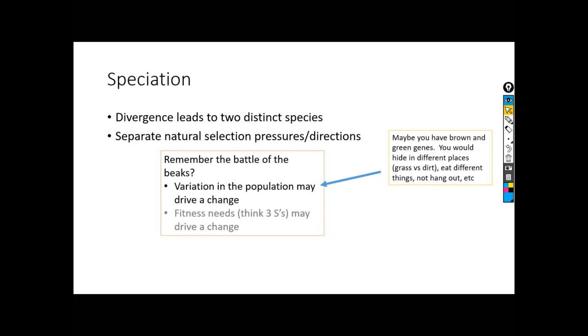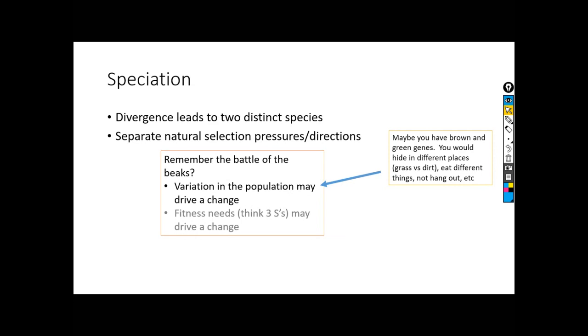Same thing with our brown individuals. They're going to be hanging out in the dirty areas, probably build burrows, eat things that live in the dirt. So even if we hang out sometimes, we're going to hang out less and less and less, because I'm going to be safest where I'm best hidden.